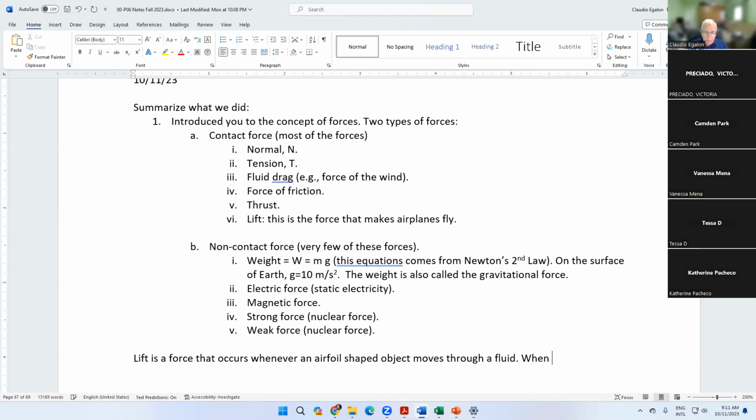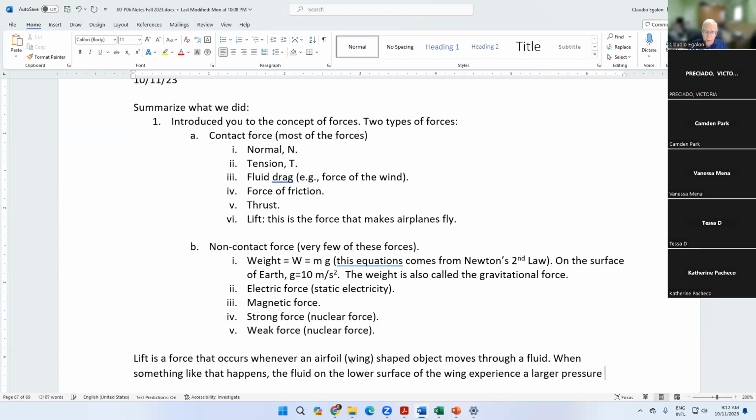When something like that happens, the fluid on the lower surface of the wing experiences a larger pressure or force.